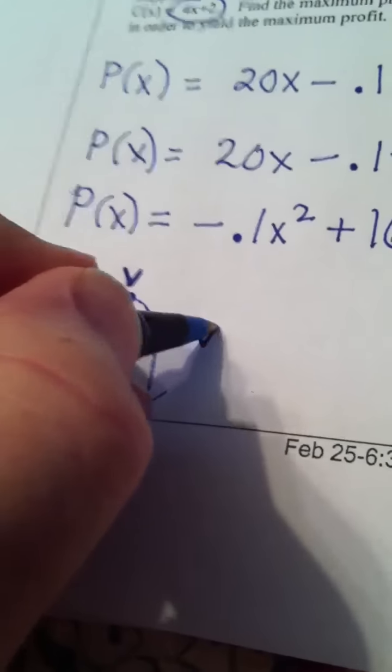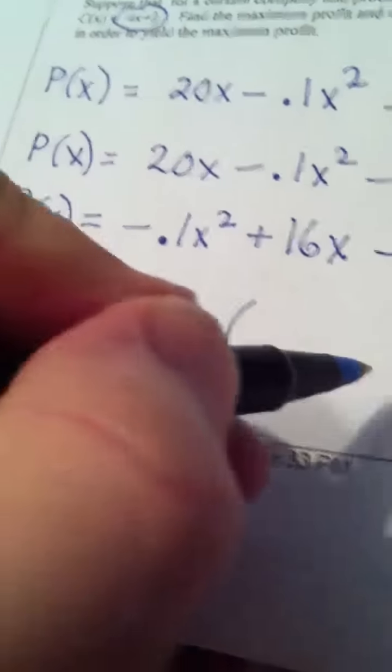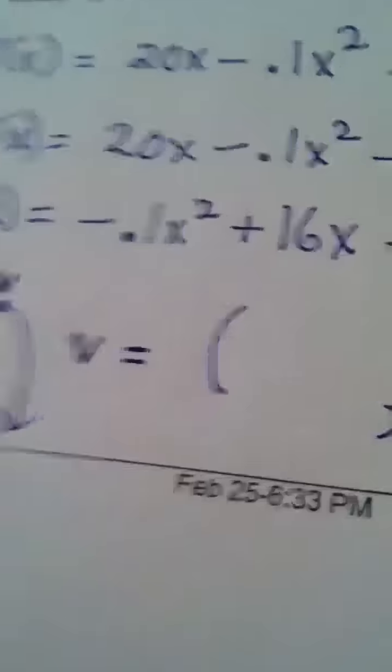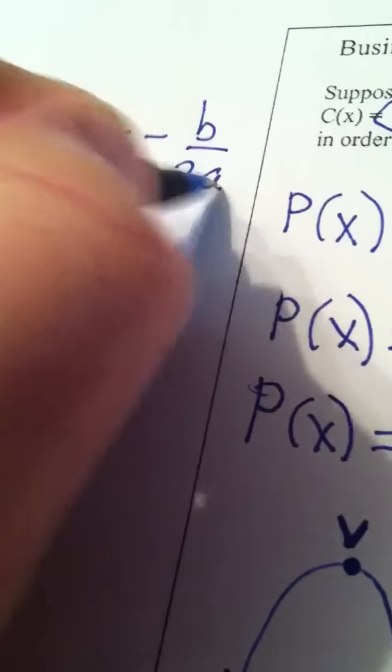That's what I mean by V. I want to find the vertex. Now remember the formula for vertex, okay? The x-coordinate, I'm going to go off to the side of the paper, the x-coordinate is the opposite of b over 2 times a.